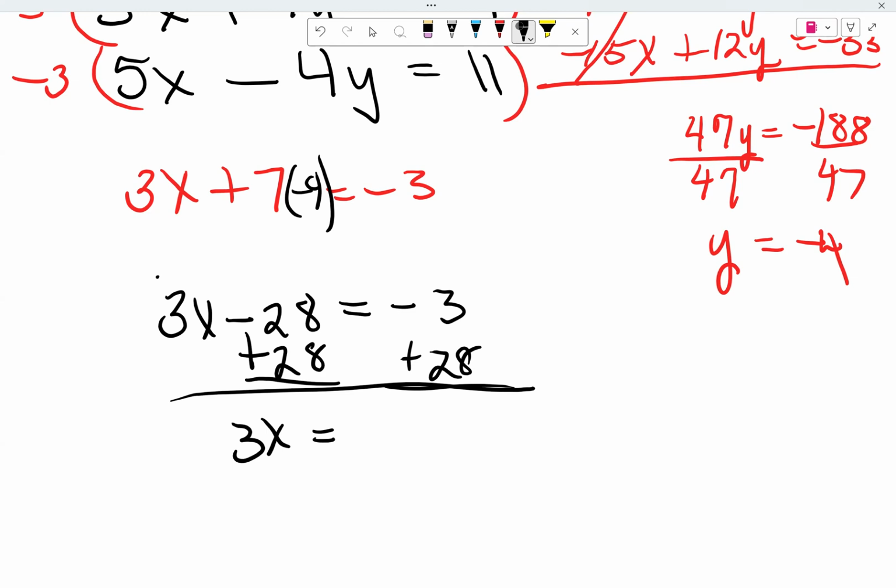This is not a 3, right? This is a 1. 31, that's why. So this is equal to -3, so therefore x is equal to -1. So this solution should be -1, -4. Okay, so that's number 17.